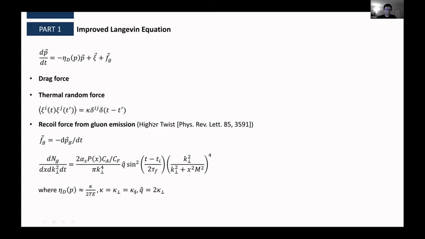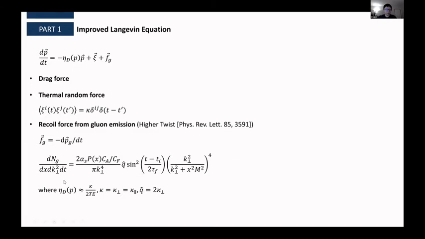This emission is calculated using the higher twist formalism, which has this gluon emission rate. Here x is the energy fraction of the emitted gluon, and k perp is the perpendicular momentum of the emitted gluon.